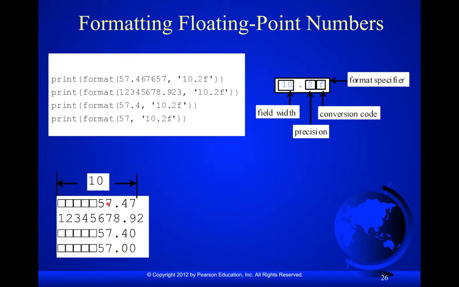So in this case, I want this number 10 spaces long. So you'll notice, right, I had to add 5 spaces of white space in here because once I knock this down to 2 decimal places, there's 1, 2, 3, 4, 5 characters, leaving 5 characters in front.